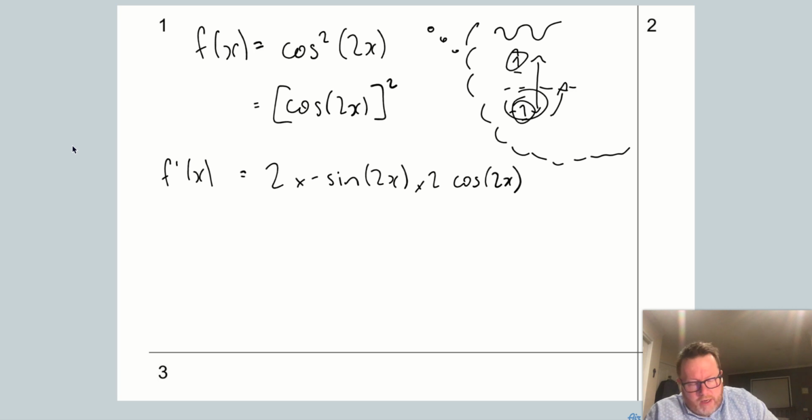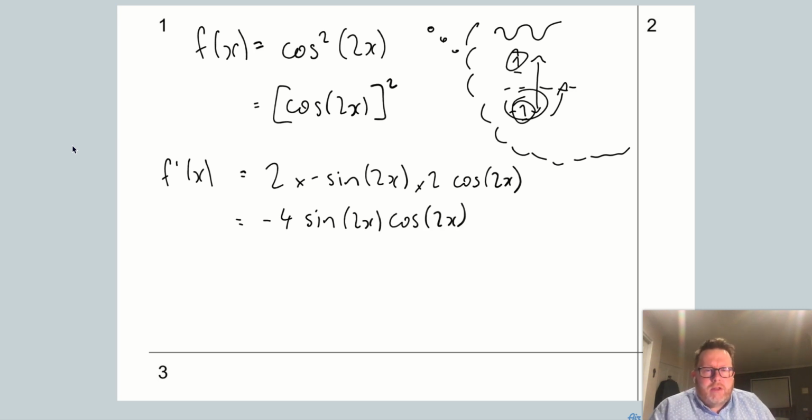I can reorganize that to be negative 4 sine 2x cosine 2x. If you think about it, this is sine of an angle multiplied by the cosine of the same angle. And this -4 can be split up into -2 times 2. So we've got -2 multiplied by 2 sine cos, which is the double angle rule.